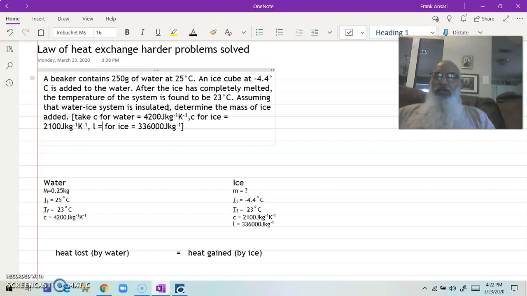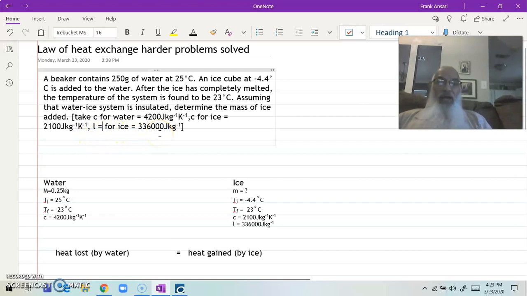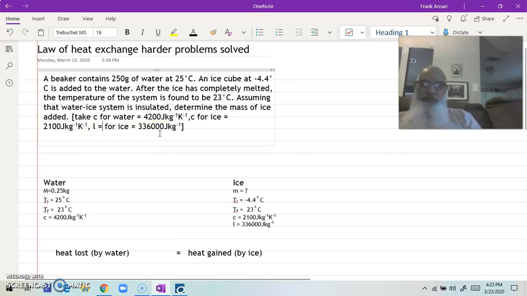All the energy is contained within the ice and the water. Okay. And it has given you some constants here, the specific heat capacities of water, that of ice, and it's also given you the specific latent heat of ice. Now why? We'll just see that.